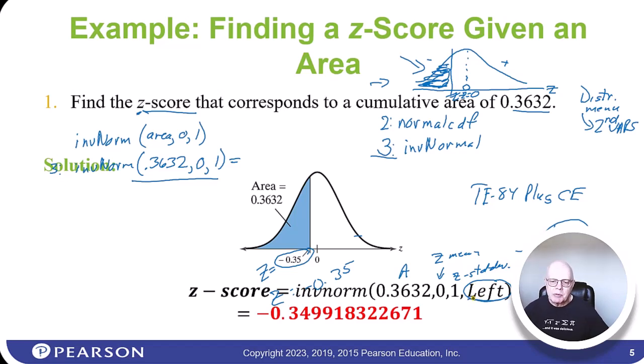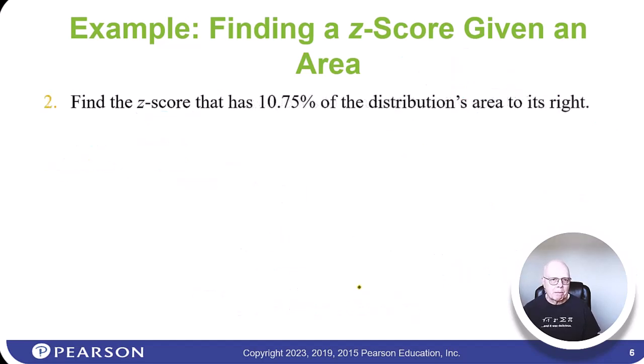So we have an option, depending on where the area is. If the area is out here, we use left. If the area is to the right, we use right. If the area is in the middle, then we use center. And there is negative 0.35 in more accuracy, or more precision actually.